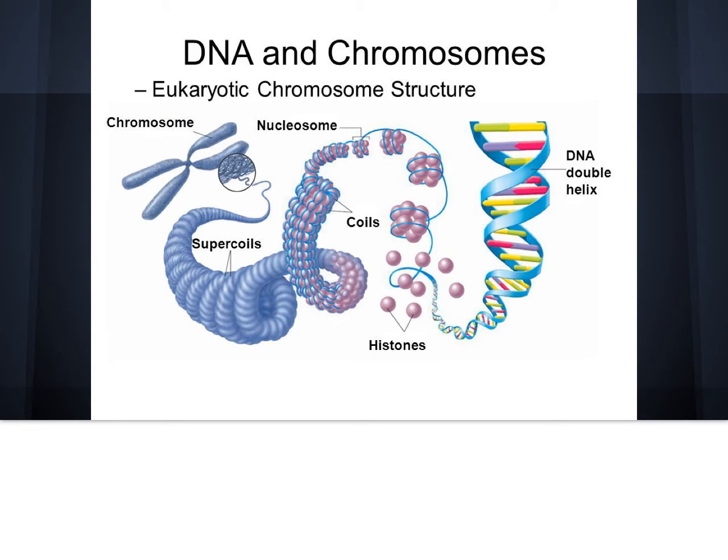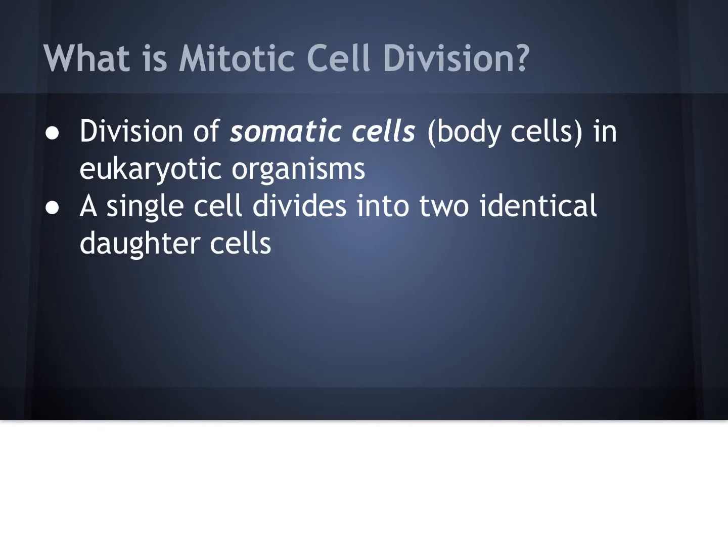Okay, so this is just another picture of it. So if you want to see it in full form, our DNA double helix, which you've seen a picture of already, around these histone proteins, wrapped up in bundles, wrapped up in more bundles, wrapped up in more coils to make a chromosome. Okay, all to protect our DNA.